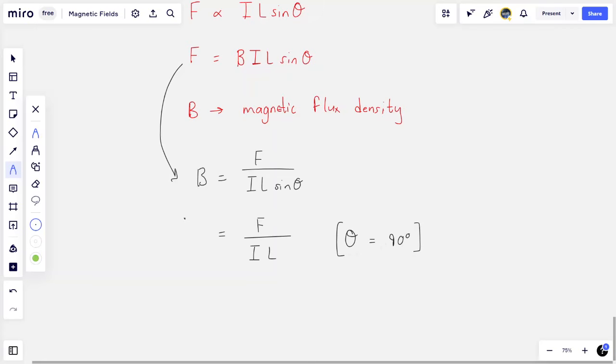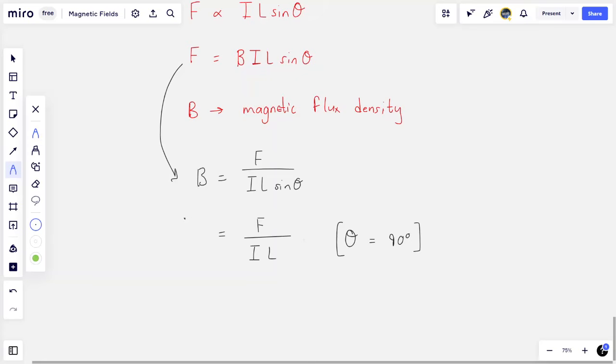So the magnetic flux density B is the force per unit current per unit length on a current carrying conductor that is perpendicular to the magnetic field. Okay, so it is a force per unit current per unit length on a straight current carrying wire placed perpendicular to the field. There we go.